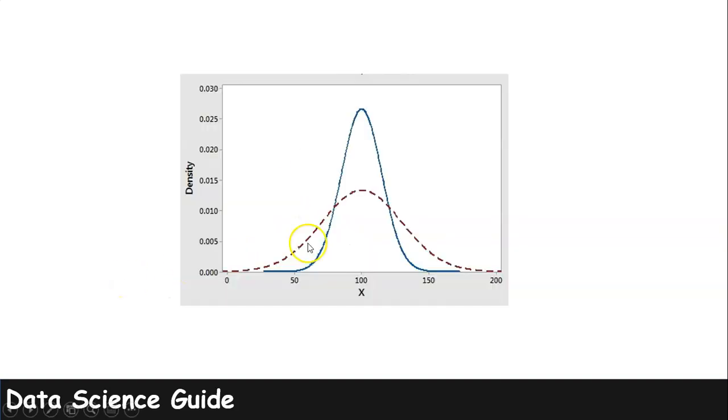And also, the bell can be narrow or wide based on the standard deviation or variance in the data. When the standard deviation is high, you expect to see a wide bell because data are scattered further from the mean.